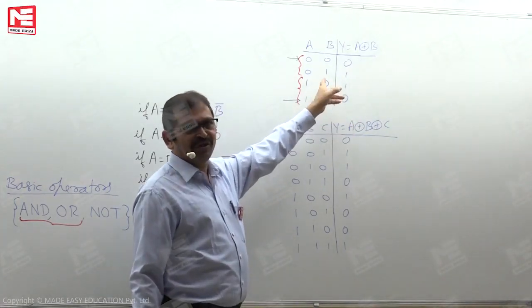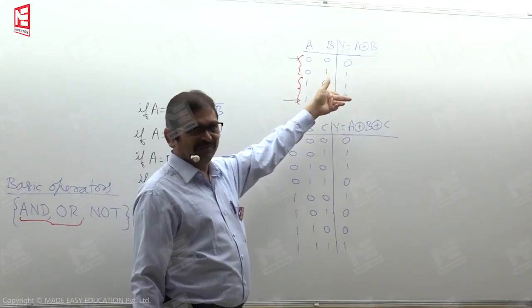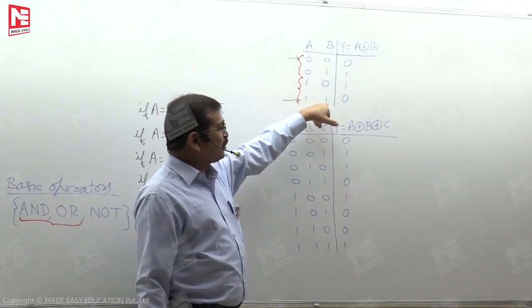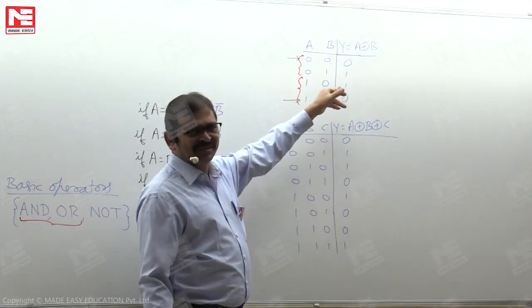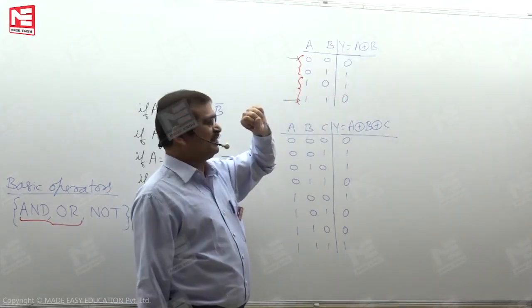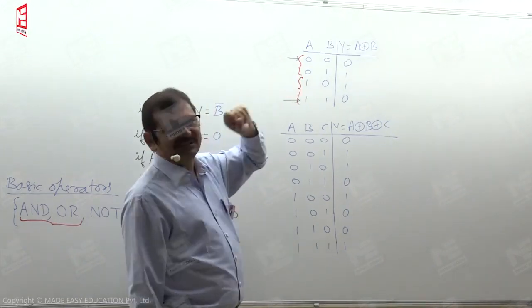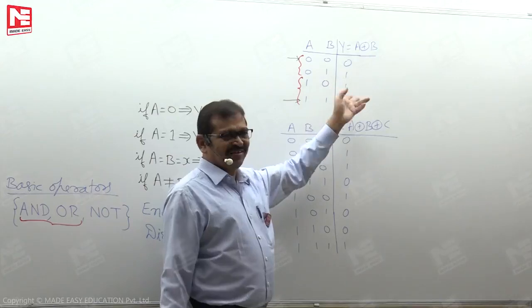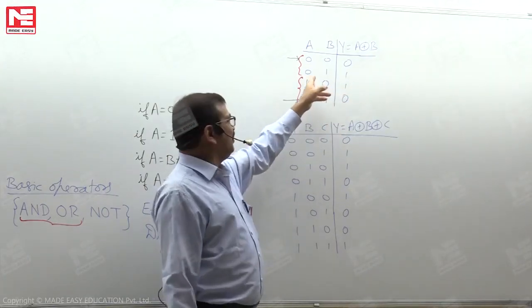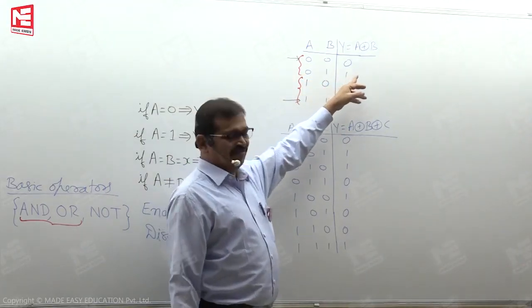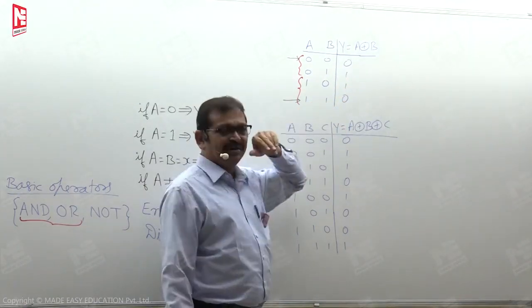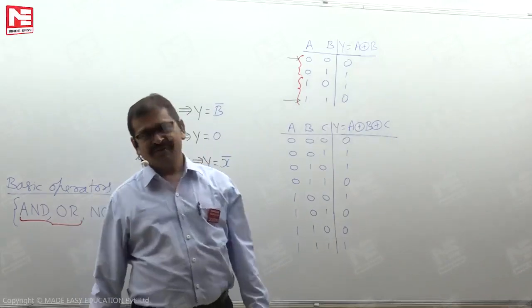Whenever at least one of the variables is 1, the normal OR result is 1. So the normal OR operation is inclusive, and you can call it the inclusive OR operation. Coming to this exclusive OR, this is exclusive. So this 1 1 is not used. Only for 0 1 and 1 0 is the result 1. So it is exclusive, and based on this we name it the exclusive OR operation.